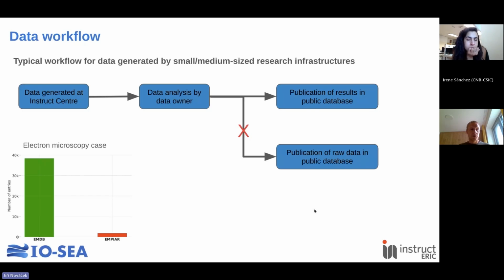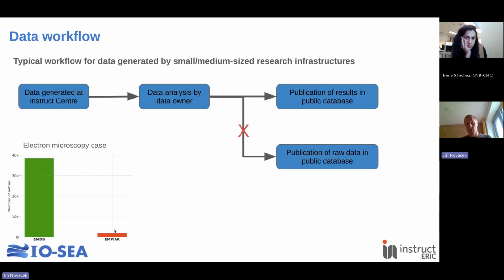As you can see from this graph, which was made last week, there were almost 40,000 EM maps available in the EMDB, which is the data analysis results repository, whereas there are less than 2,000 entries available in EMPIAR.